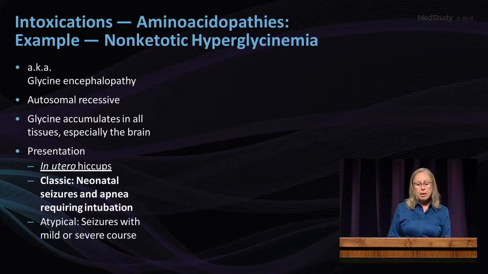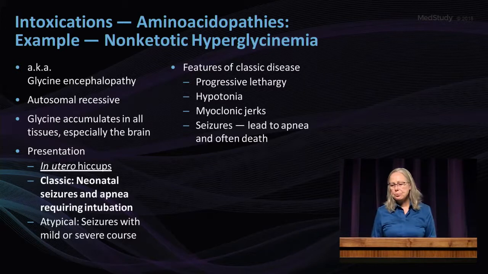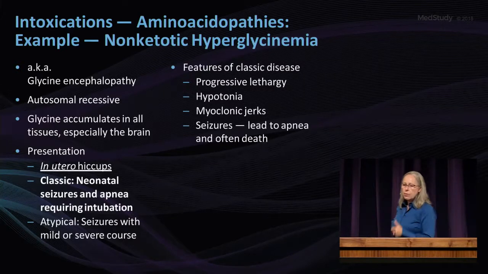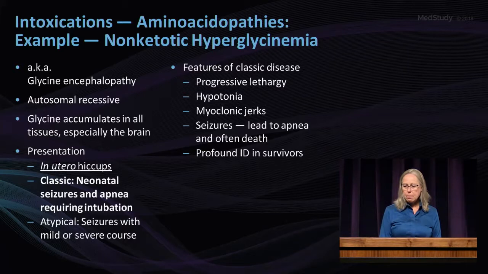Atypical, the seizures can be mild, or you can have a severe course. I've actually diagnosed somebody that was home for about 1 to 2 months before they started having their apneic episodes. On a testing situation, it's going to be that classic presentation. So progressive lethargy, hypotonia, myoclonic jerks, and seizures, and if unrecognized, leads to apnea and death.